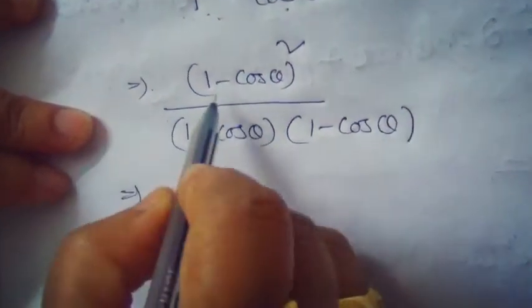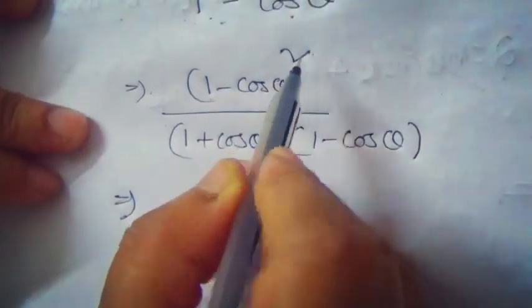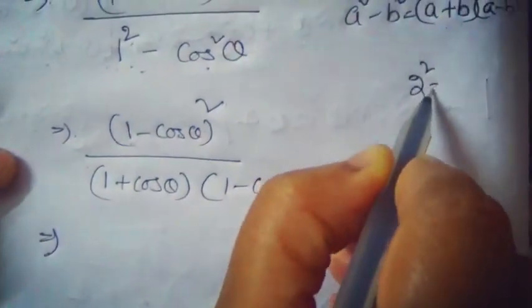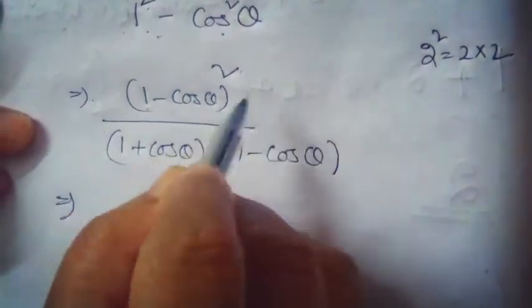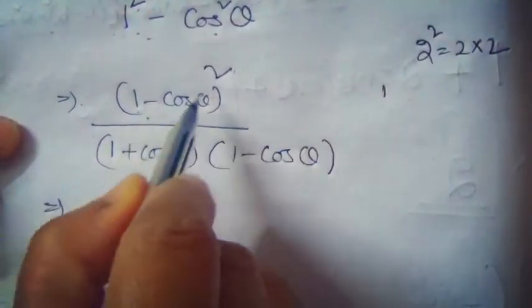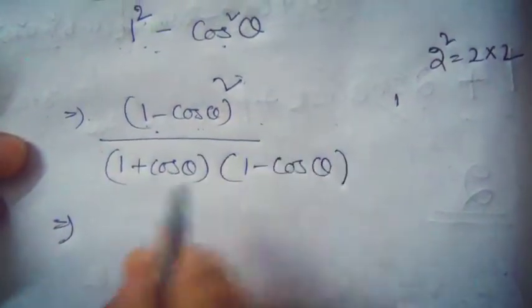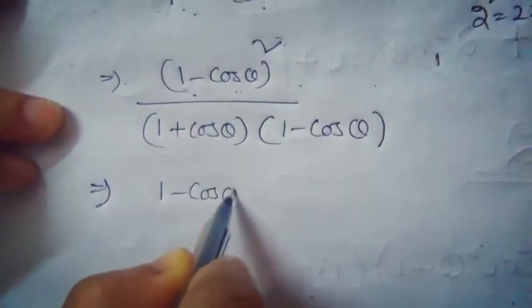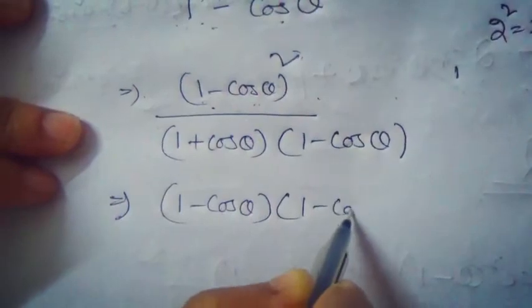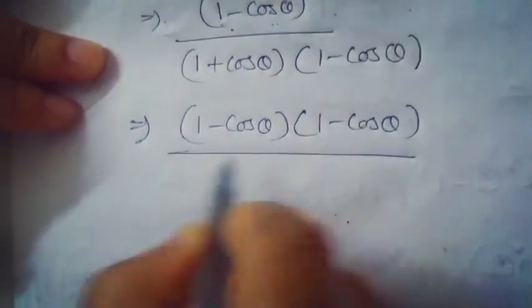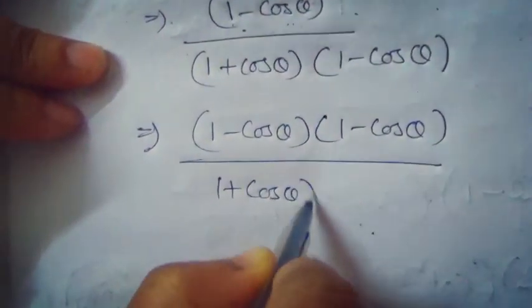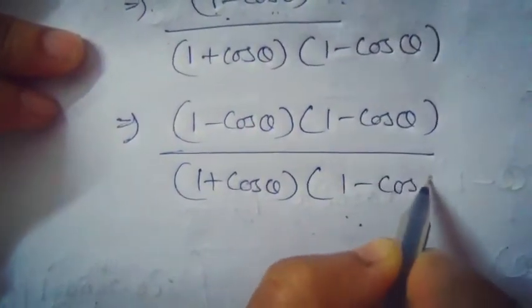Look at here, so it is a square. Just as 2 square is 2 into 2, I am writing 1 minus cos theta whole square as 1 minus cos theta into 1 minus cos theta, over 1 plus cos theta into 1 minus cos theta.